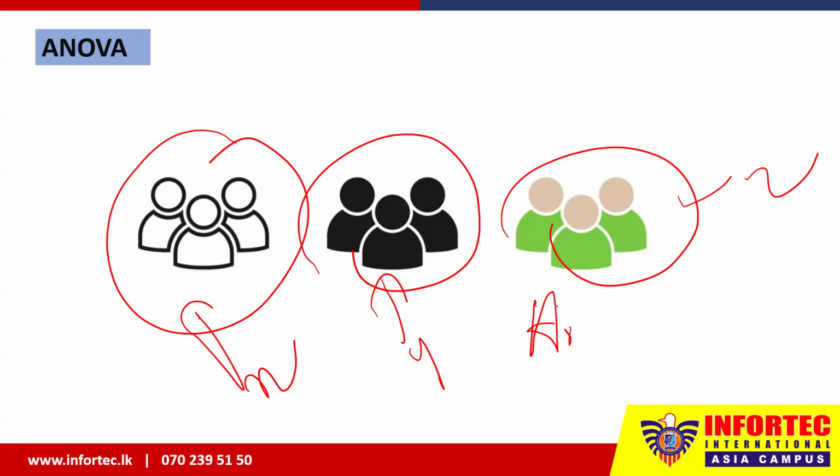So my question is, your objective is to compare the mean weight of grade 1 students in areas X, Y, and Z. So how to construct the null hypothesis related to this one? Null hypothesis.